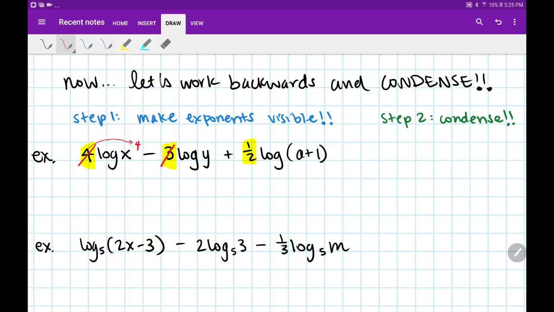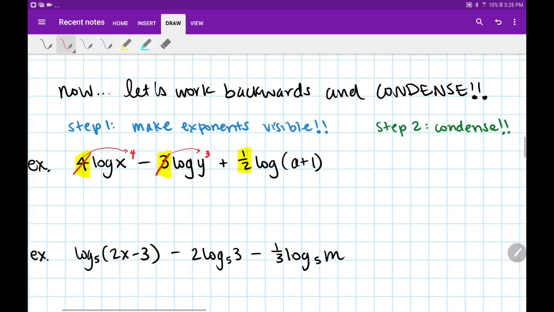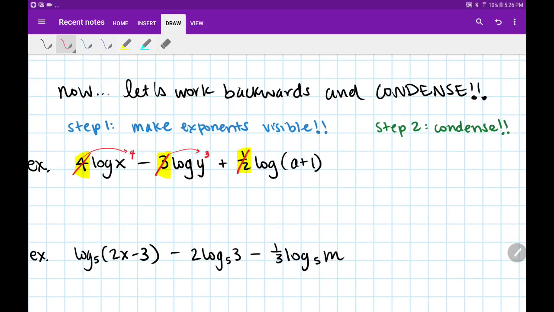Cross this 3 out, that's really y cubed. And you can draw the arrow every time if you'd like. Cross this out, it's really a plus 1 to the power of 1/2. But wait, what does it mean to be taken to the power of 1/2? It means we're taking the square root. So go ahead and write the square root right away when you see the exponent is 1/2.